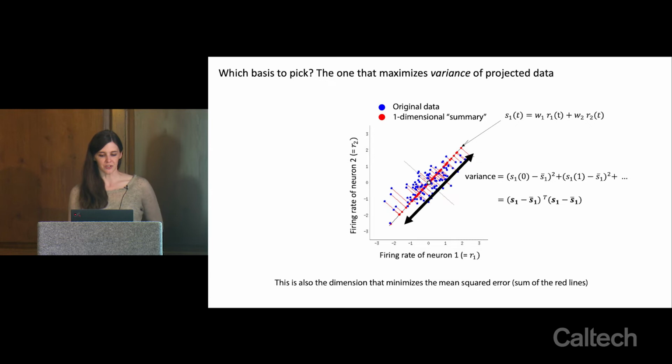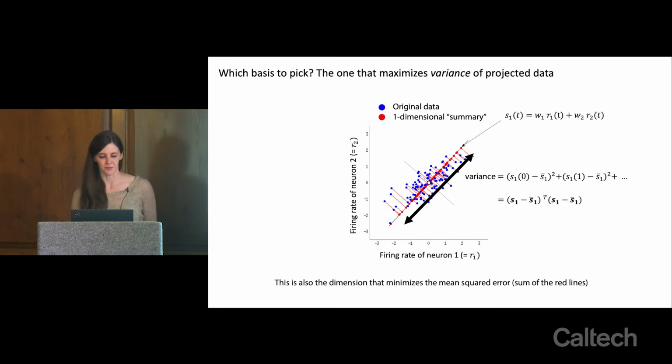This is the term that we want to maximize by picking our weights. If you go through the full derivation, you'll see that the set of weights that maximize this term, subject to a constraint on their magnitude, is the first eigenvector of the covariance matrix of your data.